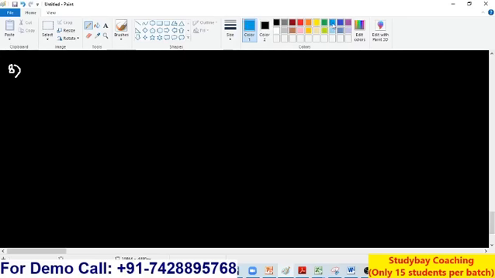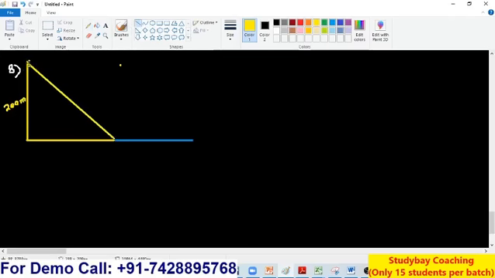Now let's say this is the river, and here this is the plain area, and at a certain point from here at an altitude of around 200 meters, there is an airplane. Okay. Now these are the angles of depression.